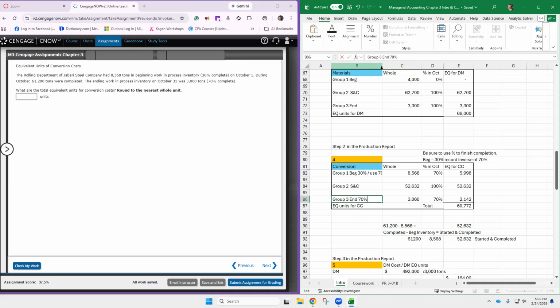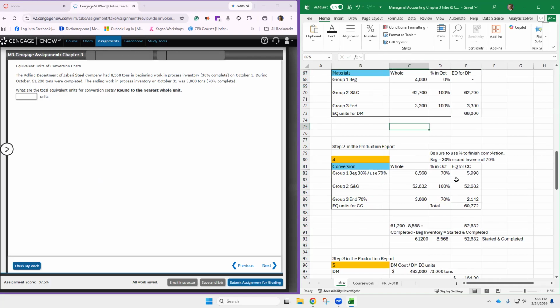But up here, let me make this a little bit wider. So we have to use the inverse in the beginning. That's how much it takes of conversion costs to finish. And then our started and completed, and then ending. So we're looking at total equivalent units for conversion cost of 60,772.